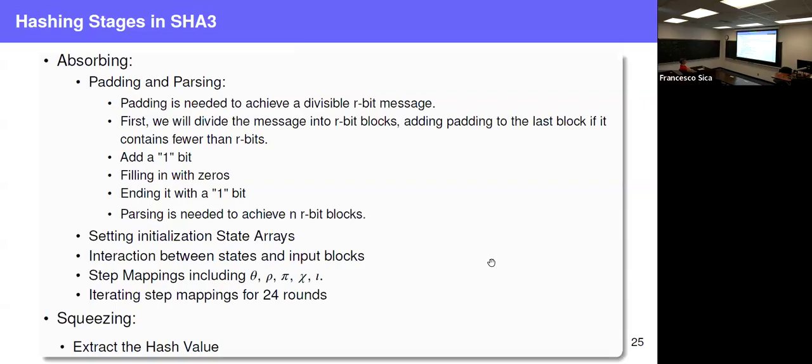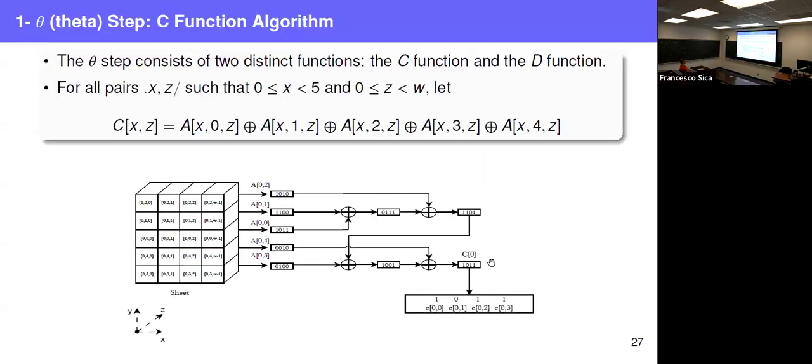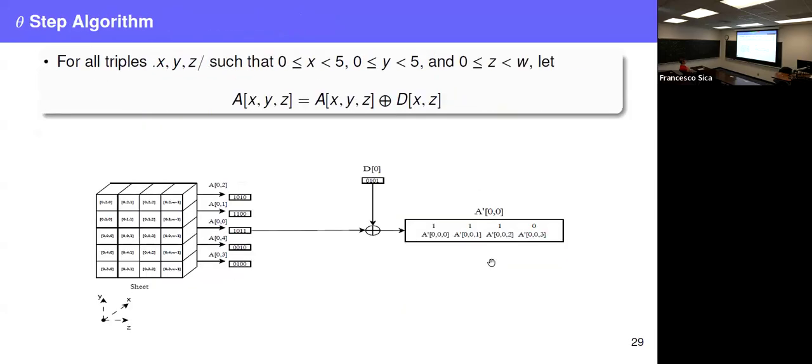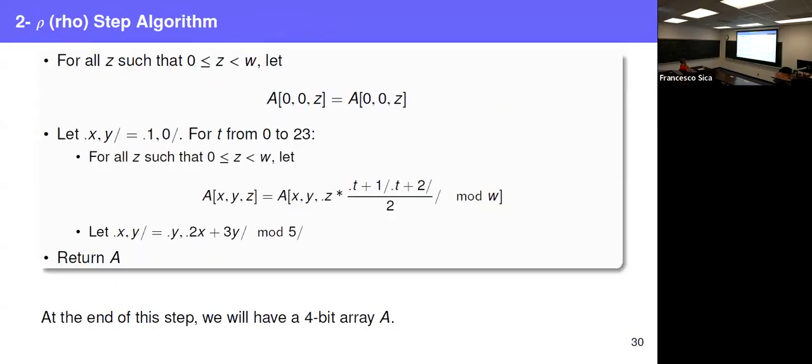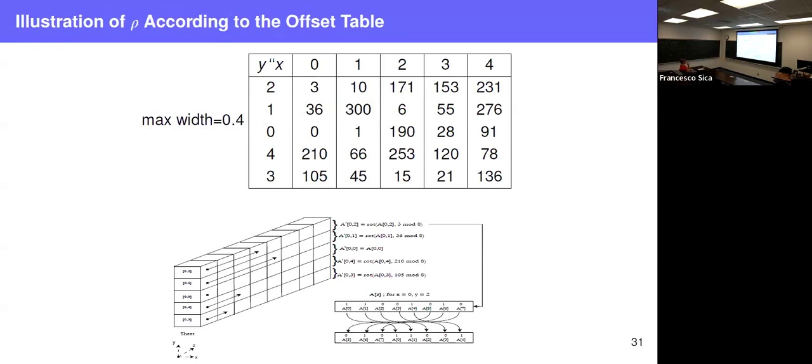So the step mappings include 5 steps. I just want to have a quick look at these parts. Theta provides diffusion by XORing bits across each column. Rho rotates bits within lanes according to this offset table.